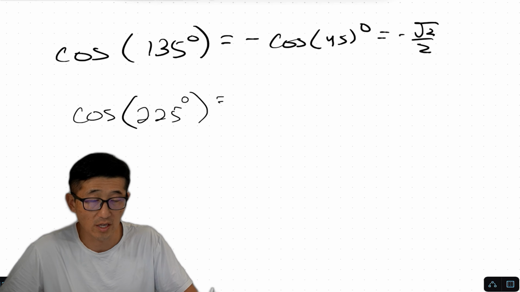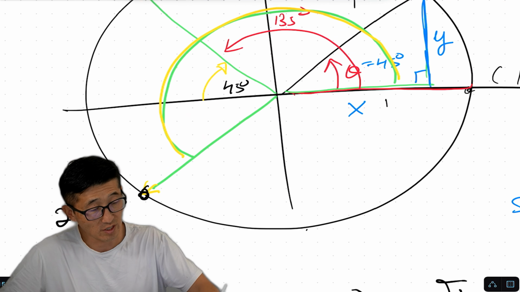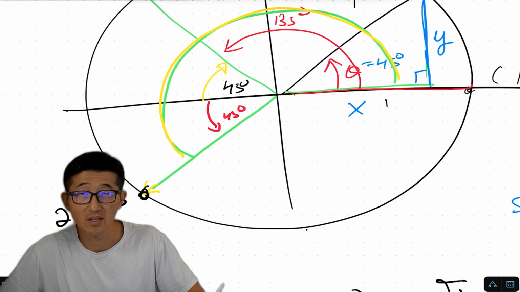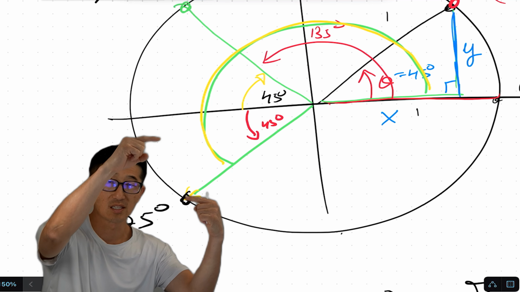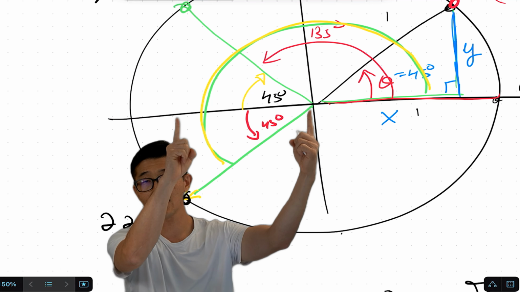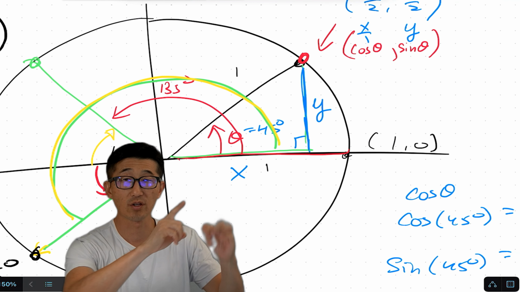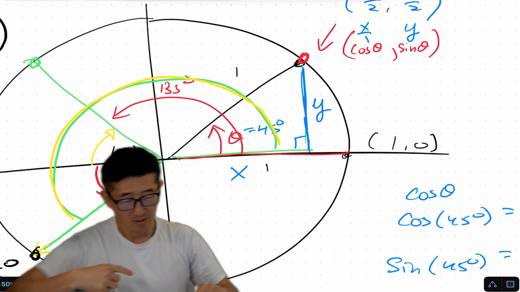Well, the reference angle is still 45. Where's our reference angle? Right here, you get it? Meaning from the horizontal line, it went down 45 degrees. The y distance and the x distance is exactly the same as if we were in the first quadrant. You get it? Okay.